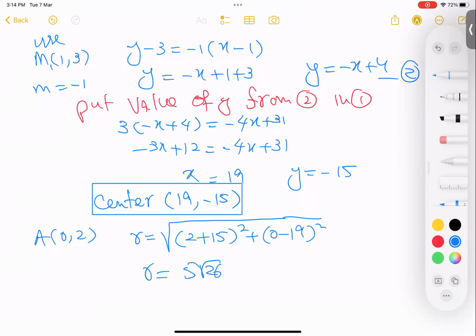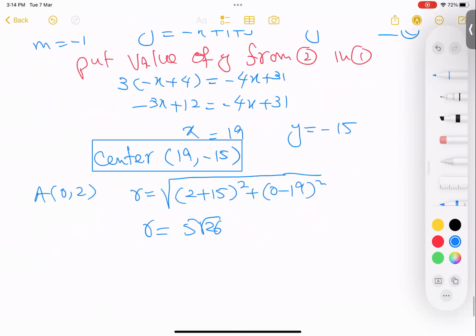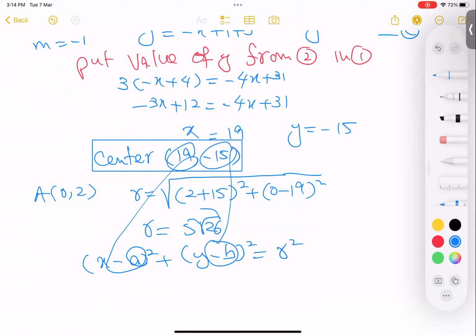Let me recheck. Yeah. So the equation of a circle becomes what? All of you are familiar: x minus a whole square plus y minus b whole square equals r to the power 2. So I'm plugging this 19 in the place of a, minus 15 in the place of b, and this goes in the radius place, and that's it.